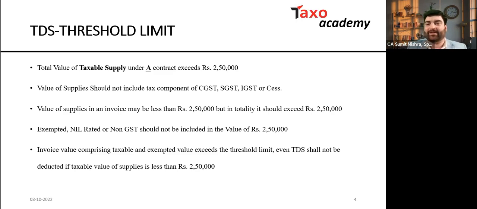For example, I'm just taking an example. I'm the Ministry of Defense. I have given a contract to A for supplying stationery items, having a value of 2,70,000 without GST. So it is clear stationery items are not exempted; they are taxable. The value I mentioned is 2,70,000. It means both the conditions are fulfilled here.